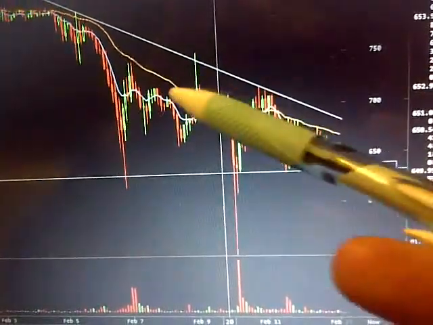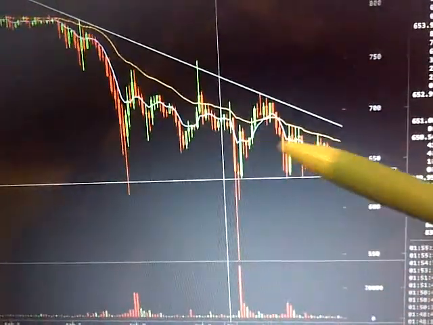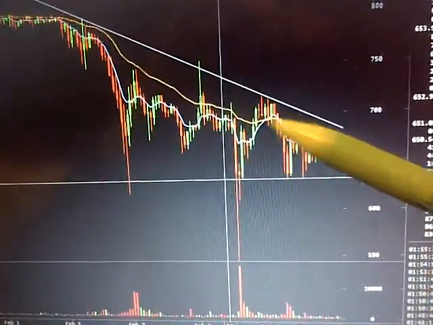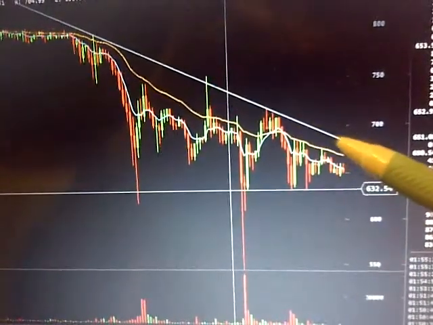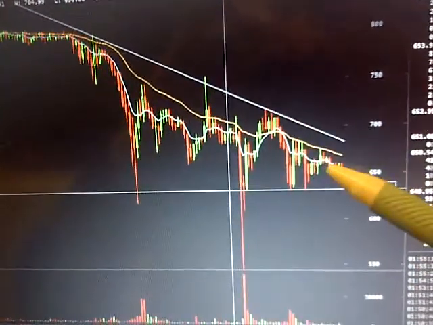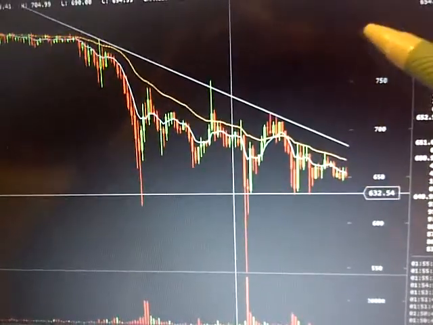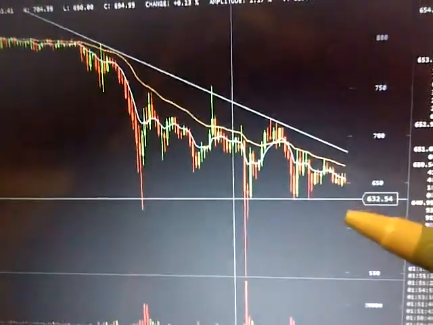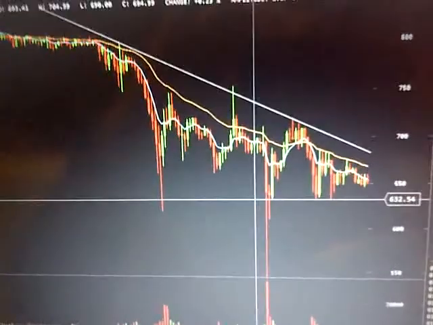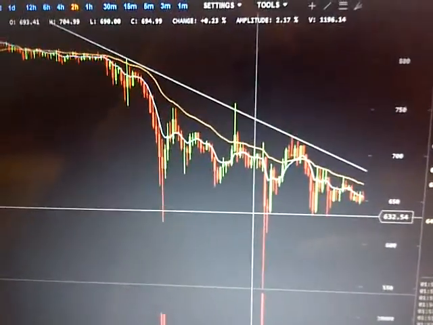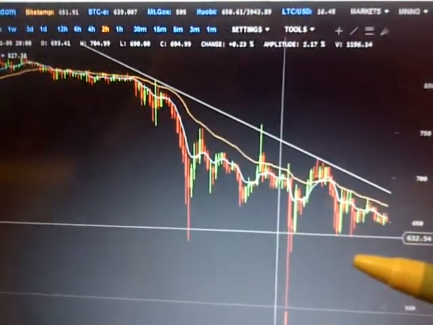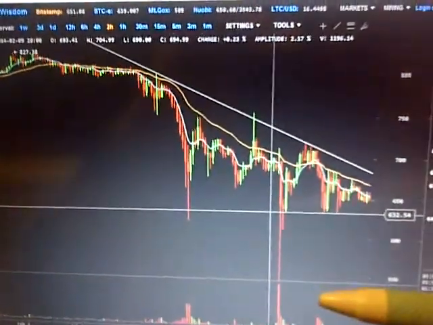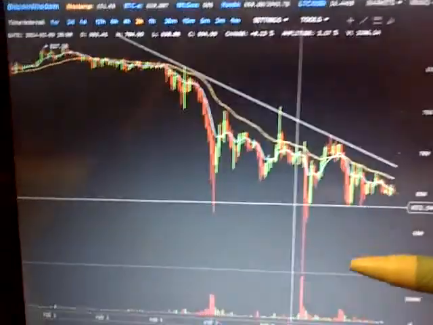So once these exchanges return to withdrawing their Bitcoin again, as soon as it breaks out of this trend, you're going to see it go back up. I think that's what's going to happen, just on what I've seen in the real world, on what people are doing.